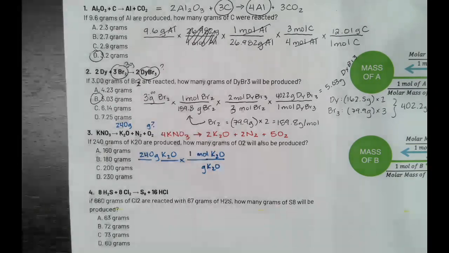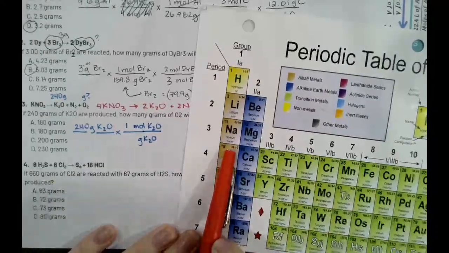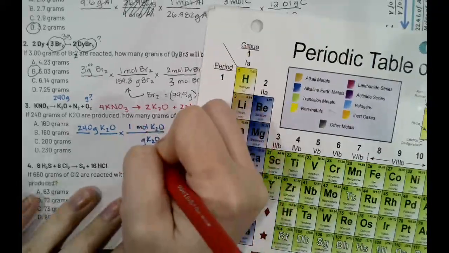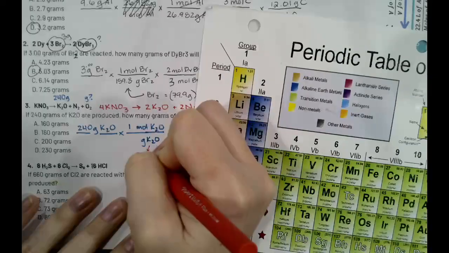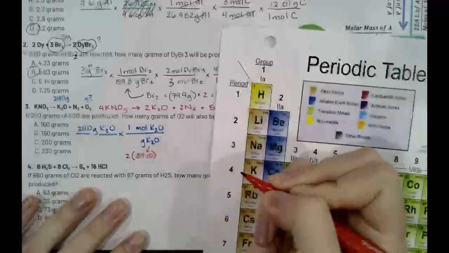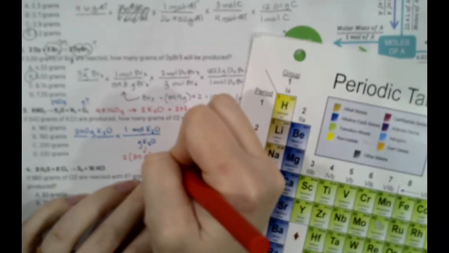If we look at our handy-dandy periodic table, we see that potassium, each mole of potassium weighs 39.10 grams, and we know we have 2 atoms of that, so we're going to put times 2, plus the oxygen. Oxygen over here weighs 16, so plus 16.